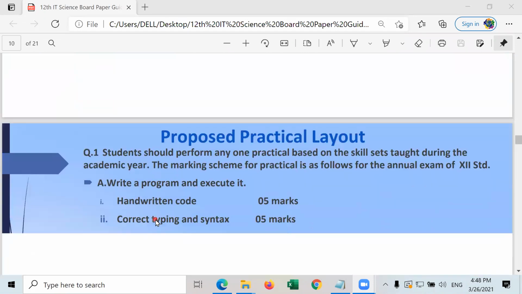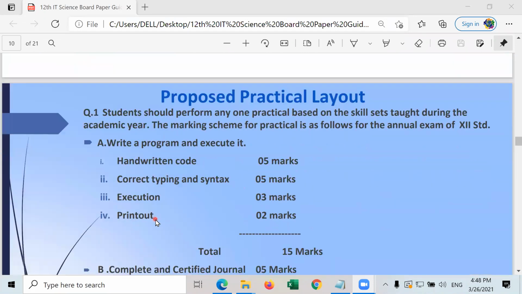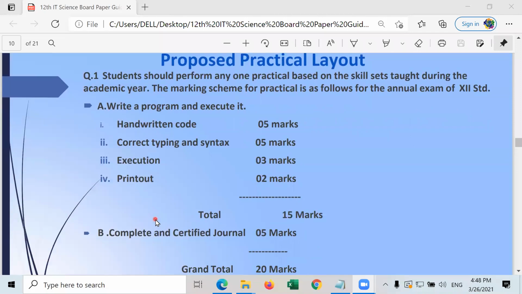Moving to next slide. Now in next slide, I will discuss practical structure for your IT exam. In your practical slip, you will be given two programs from two skill sets.